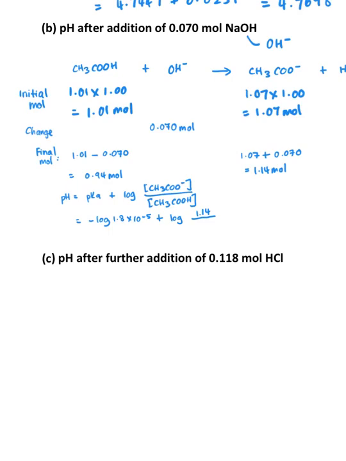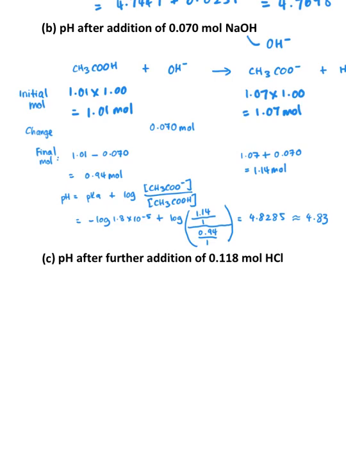The volume is 1 liter. So now we have a pH of 4.83.